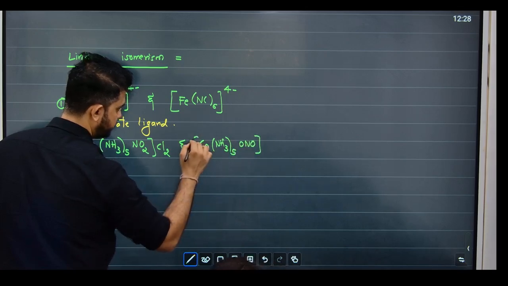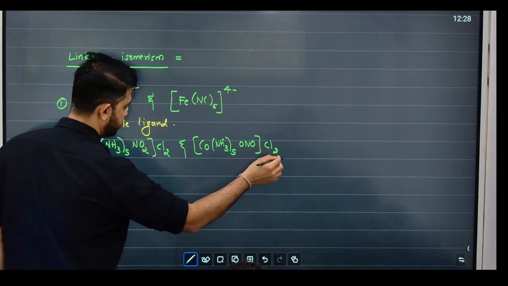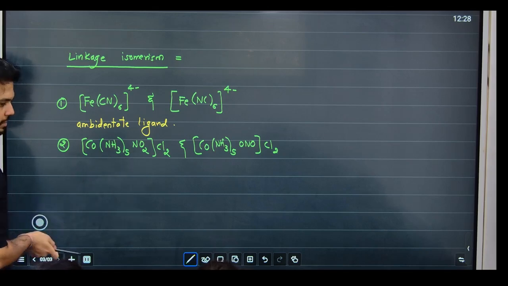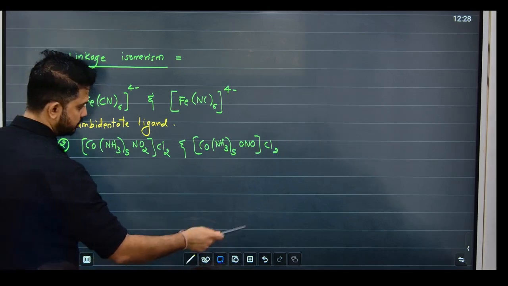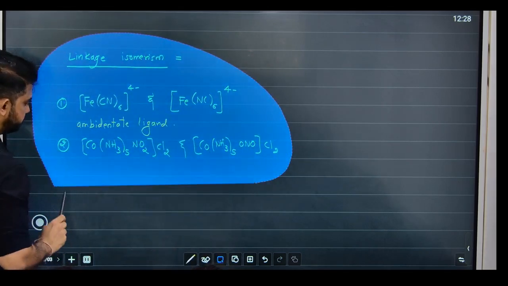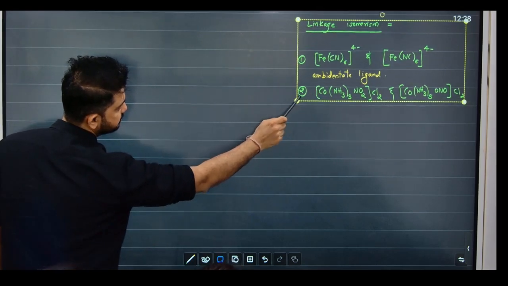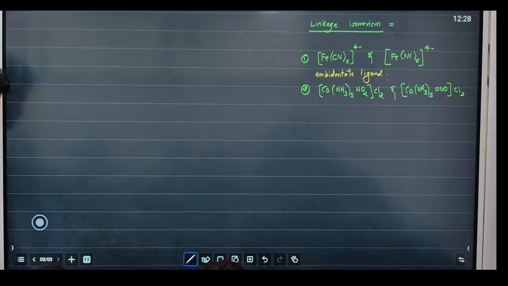And quickly copy the examples. In first case we have cyano and isocyano. In the second case we have nitro and nitrito. जल्दी जल्दी.